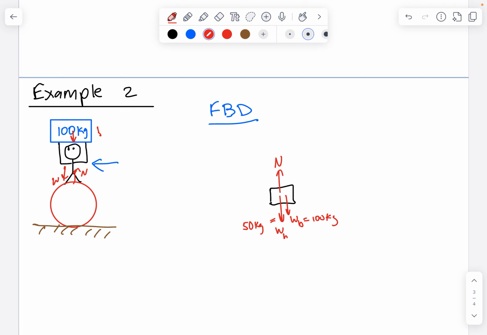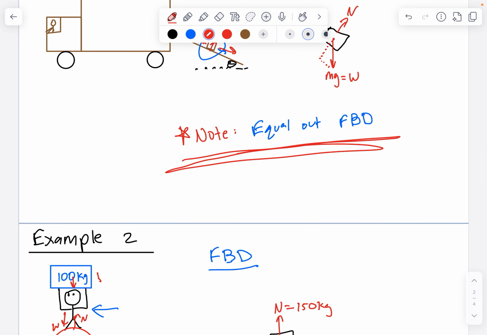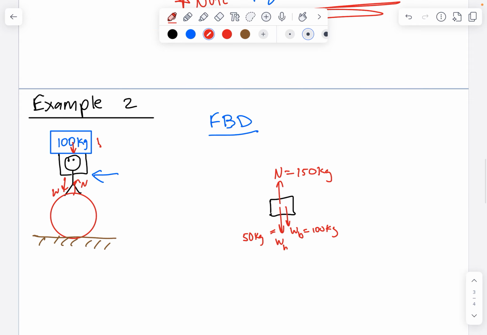Our normal force is just equal to the ball pushing up on the person and the box. So the normal force in this case would just be 150 kilograms. And there you go. So note that they are equal. So this checks out.